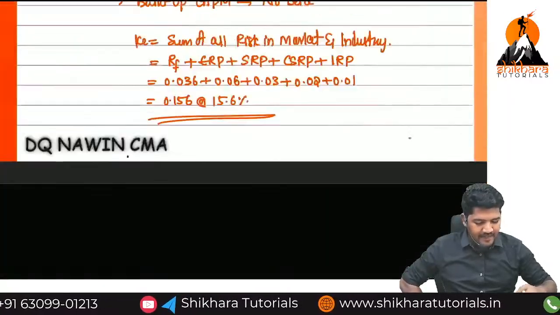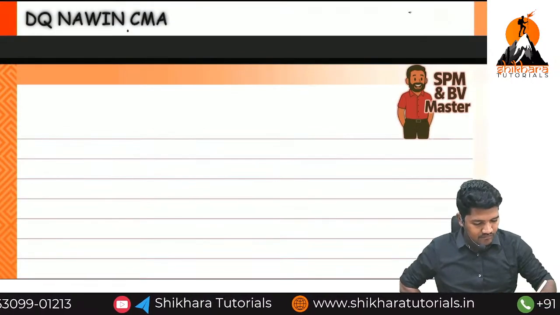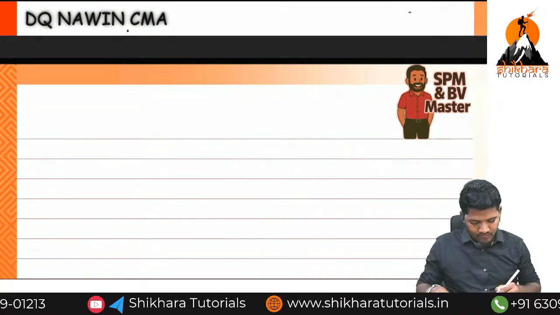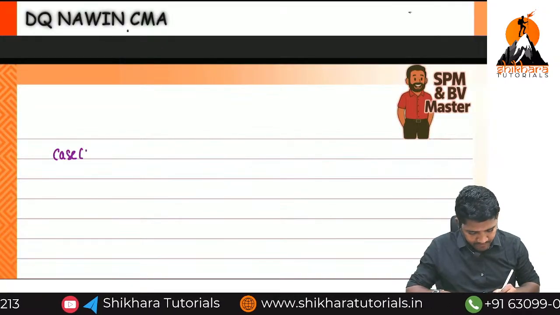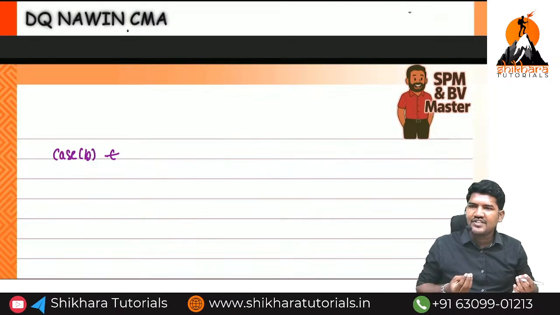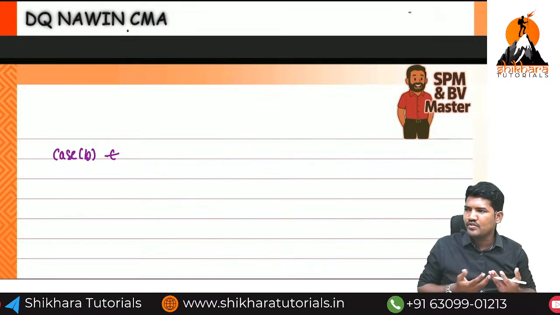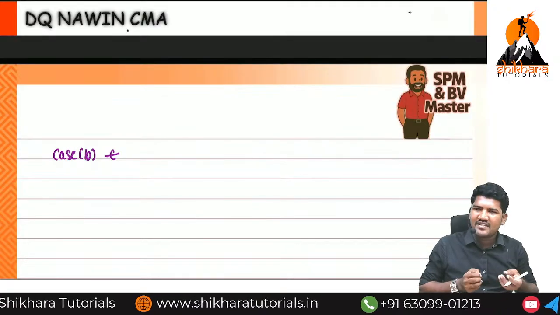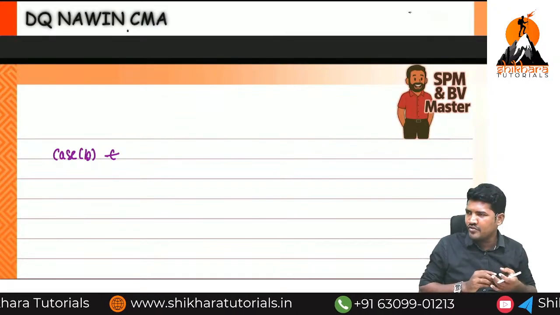What about case B? Case B. You can use the word estimation or calculation, that kind of words, no issue. But here estimation is not appropriate. I am using the word calculation.